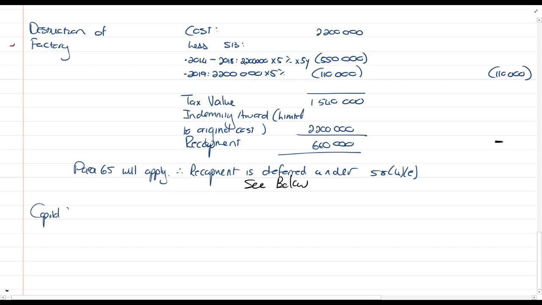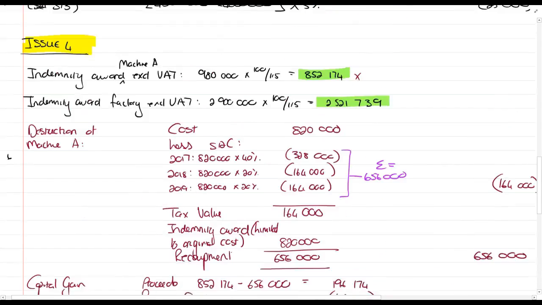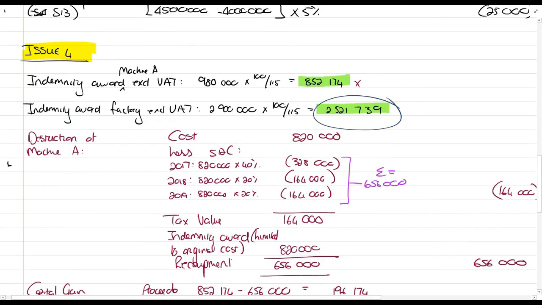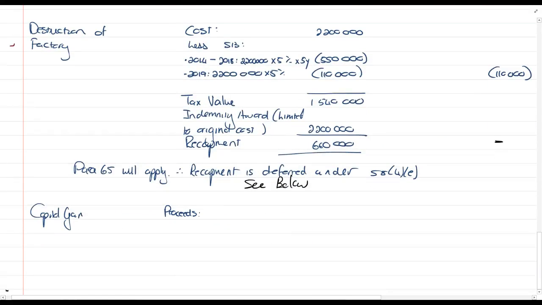First, let's also just do the capital gain, get that out of the way. So the capital gain is the proceeds. The proceeds is 2,521,739 minus my recoupment. Now guys, 660,000 is recoupment. You don't say it's nil because nothing was included. That's why it's so important that I always tell you to use this recoupment amount over here that you've calculated.